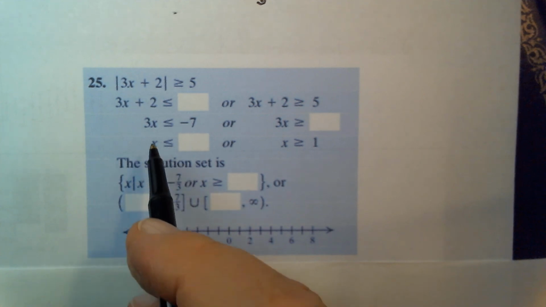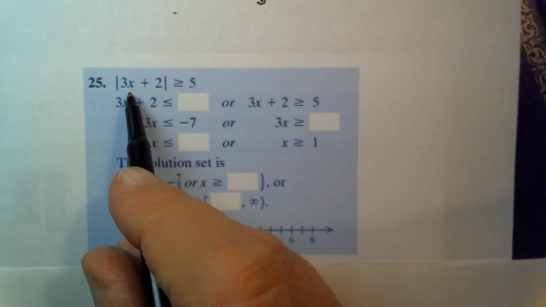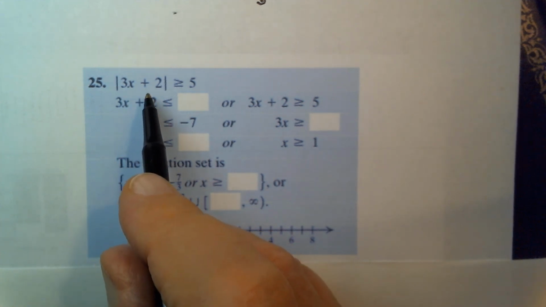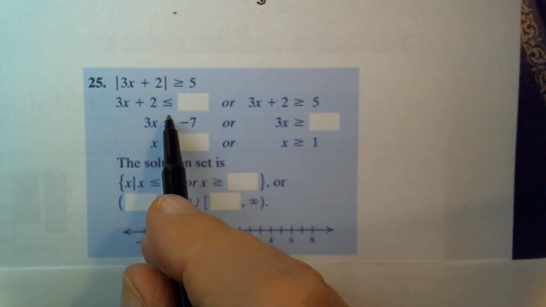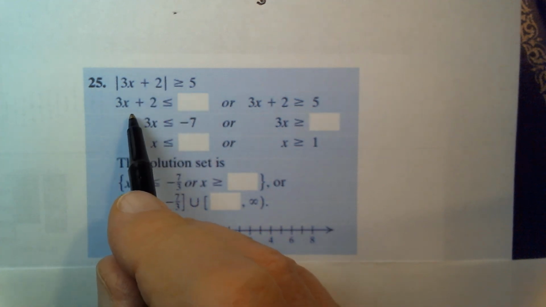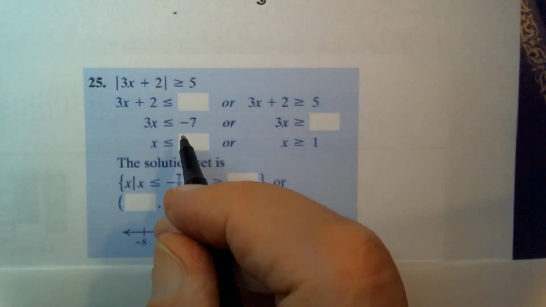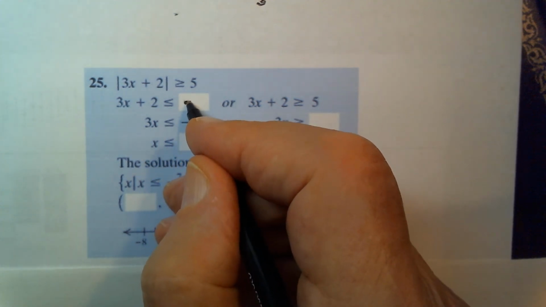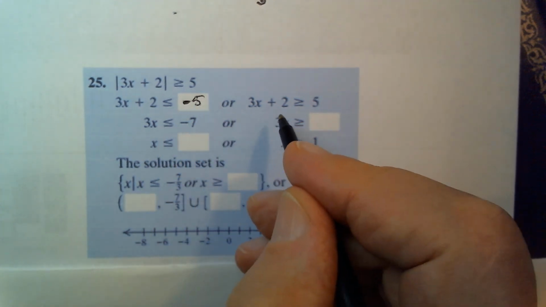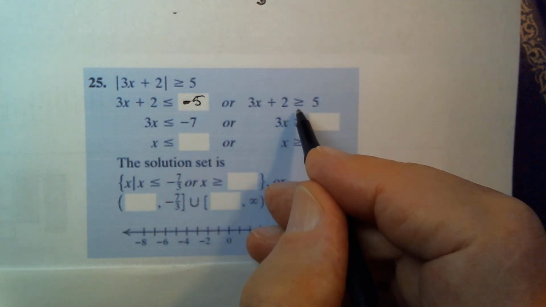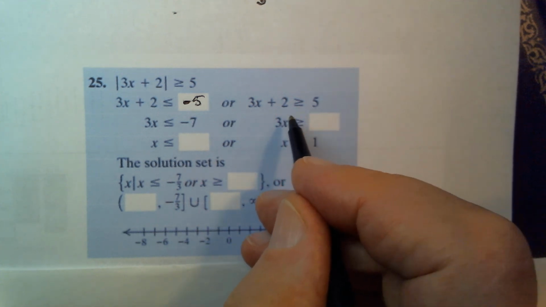Exercise number 25. Based on information on page 103, the inequality absolute value of 3x plus 2 greater than or equal to 5 can be written as 3x plus 2 less than or equal to negative 5, or 3x plus 2 greater than or equal to 5.